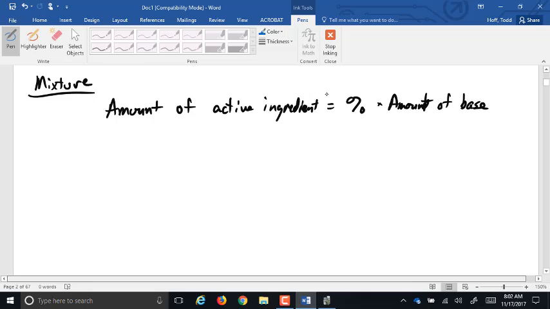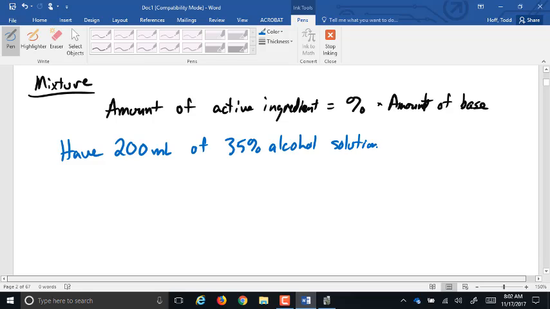For example, let's say we have 200 milliliters of a 35% alcohol solution. Otherwise known as rum.